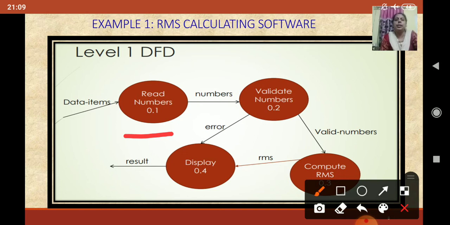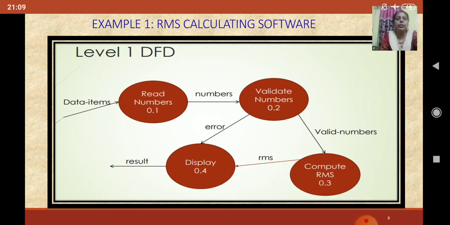In level 1, the bubble numbers will be 0.1 and so on. The first function is read number, then the second function is validate number, and the third one is compute RMS. Compute RMS is 0.3 and 0.4 is the display function. Means there will be 4 main functions. Again these functions will decompose in the level 2 diagram. So let's discuss that.